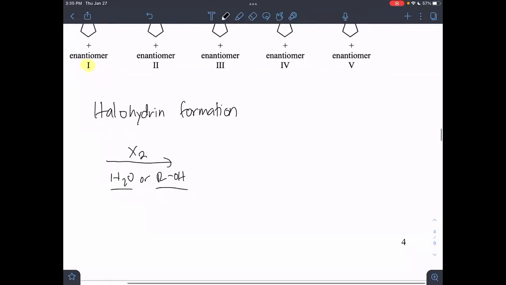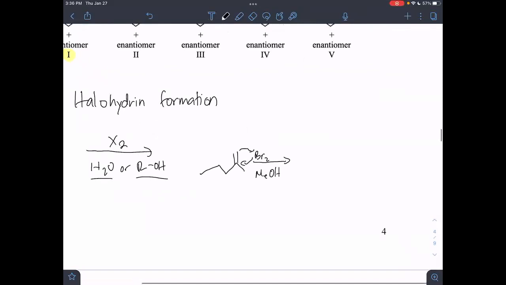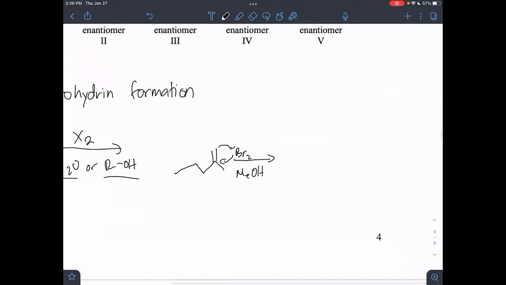So quickly, let me just draw an example reaction. The alkene is going to act as a nucleophile and it's going to attack one of the bromines. Don't worry about why, it just does. And it's going to open up and give you this.